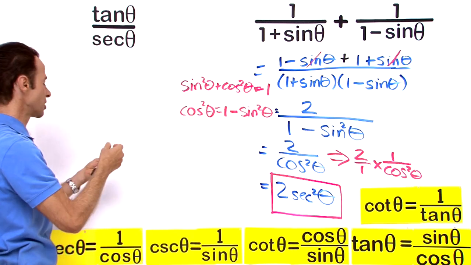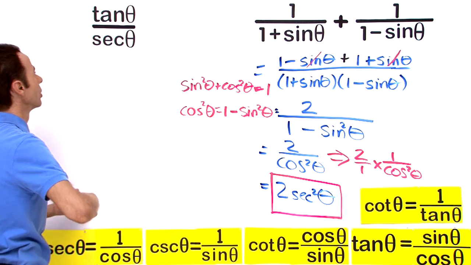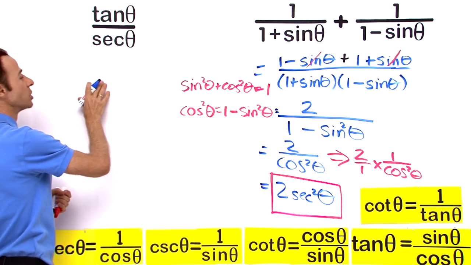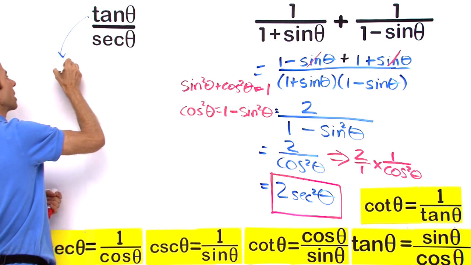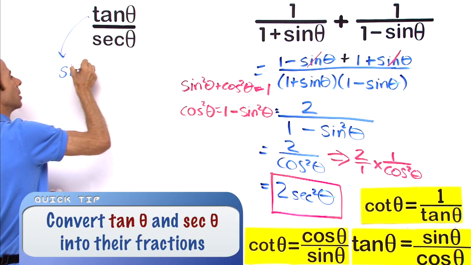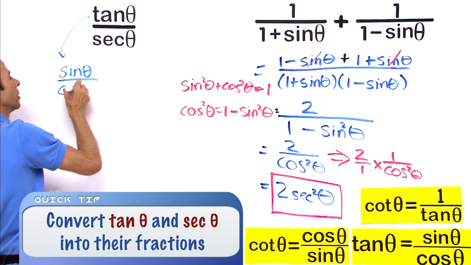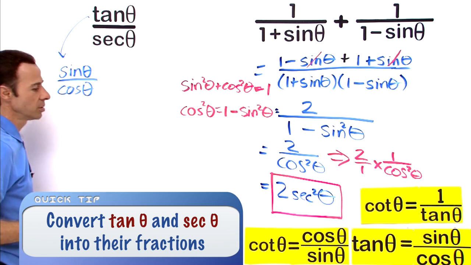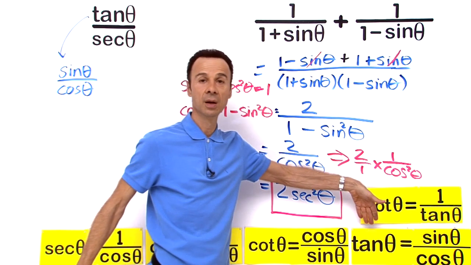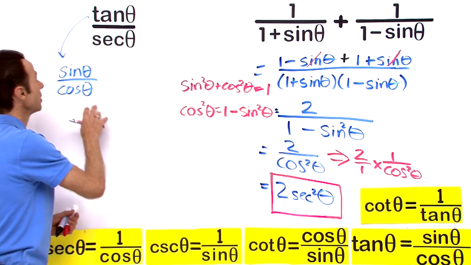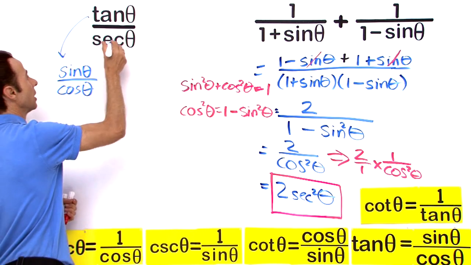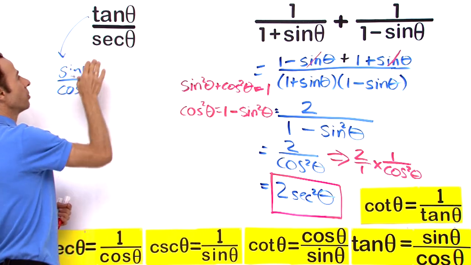On the top we've got tan theta, which essentially is the same as sine theta on cosine theta. Isn't it true? Here we go, tan theta equals sine over cos. So there we have it. And we're dividing by secant theta.